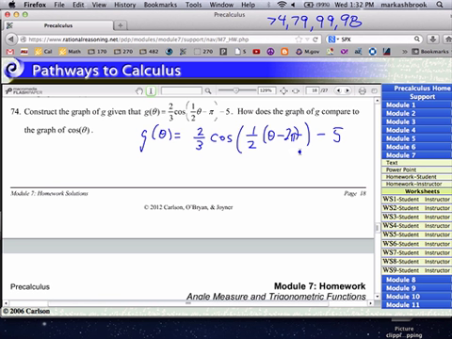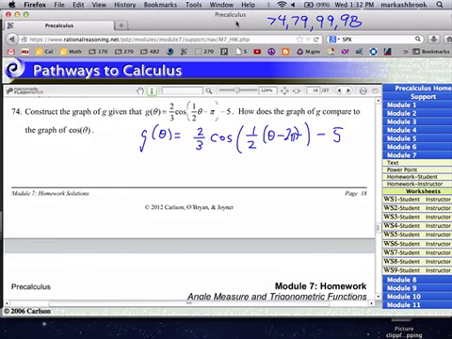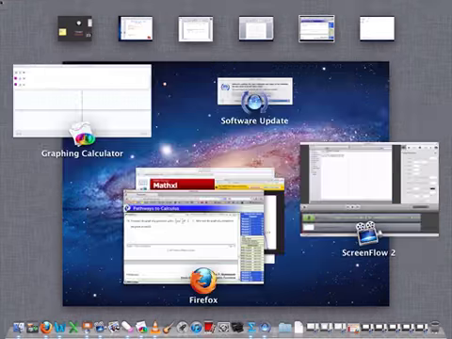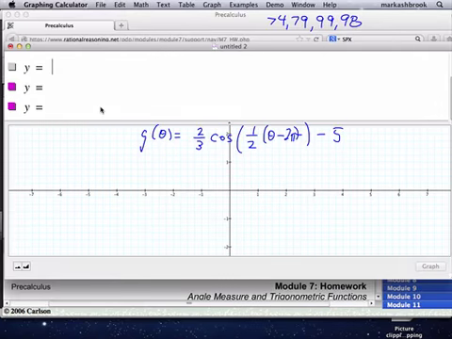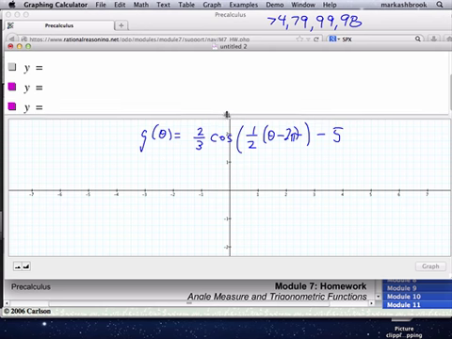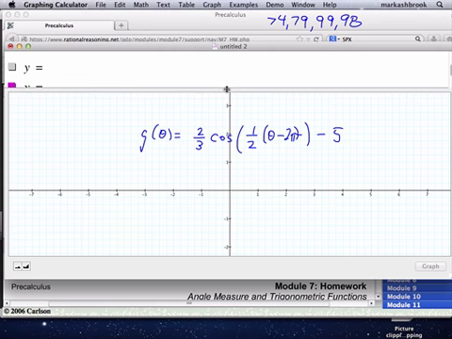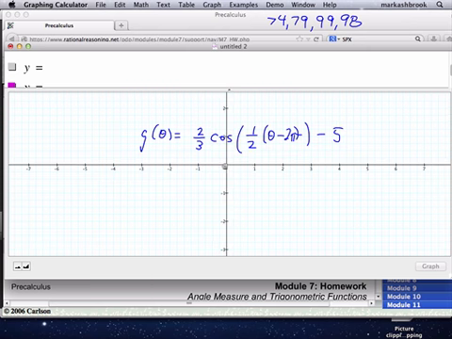Okay, so we want to sketch this without a calculator.